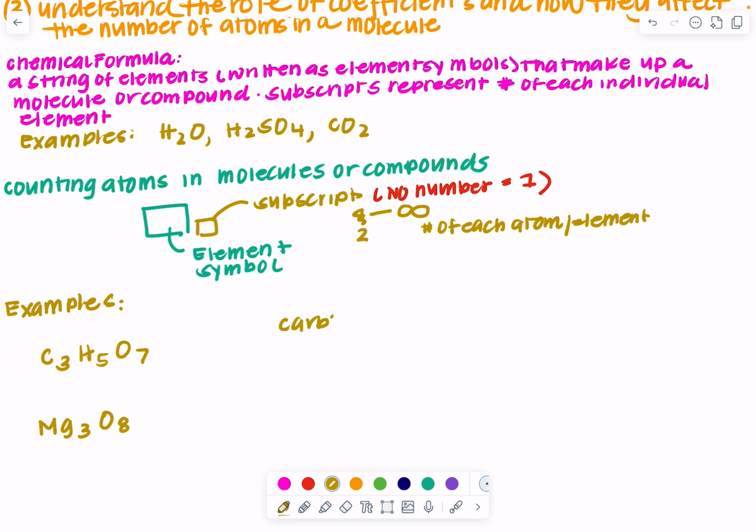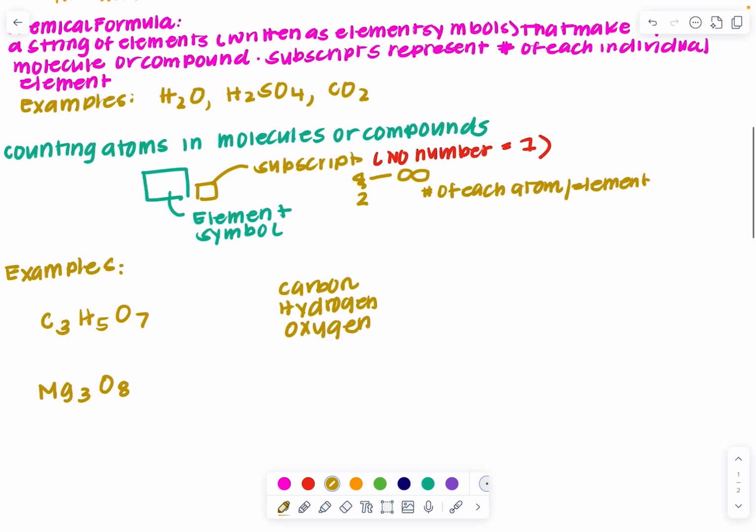If we're counting the individual elements here, in the first one we have 3 elements: carbon, hydrogen, and oxygen. In the second one we have magnesium and oxygen. We can see here that the carbon has 3. Just looking at the subscript, it's very easy.